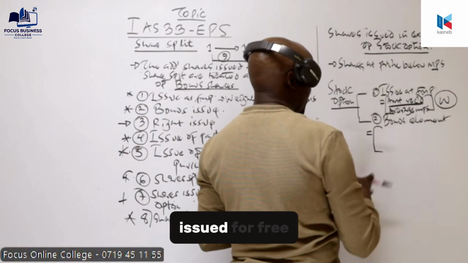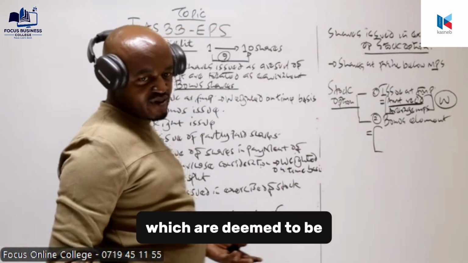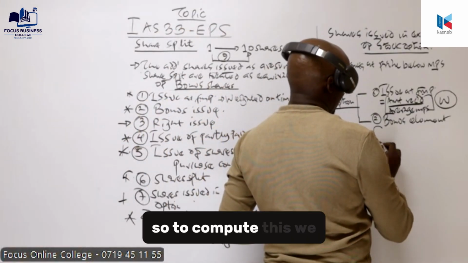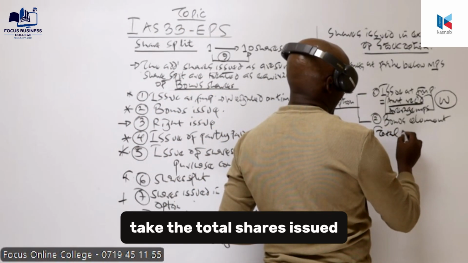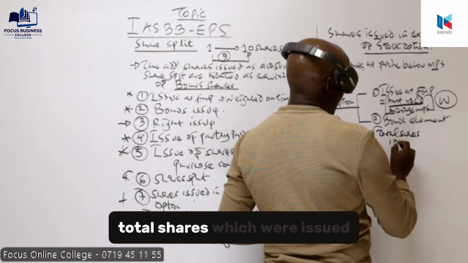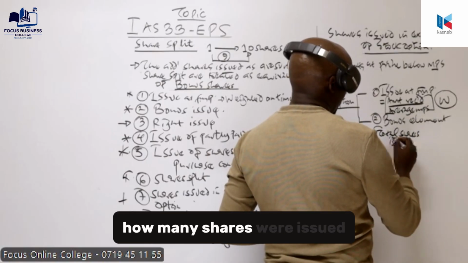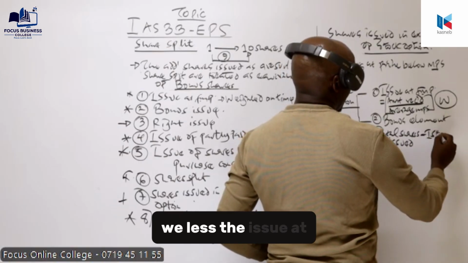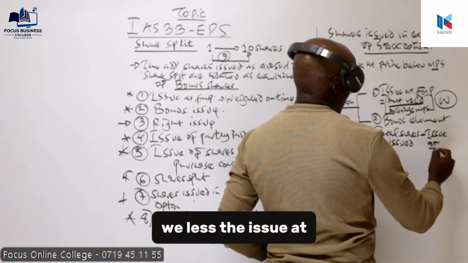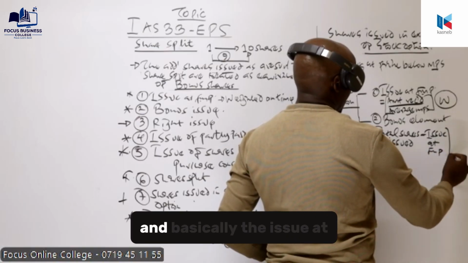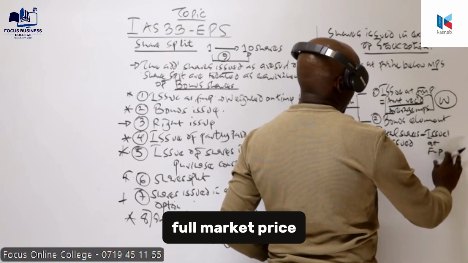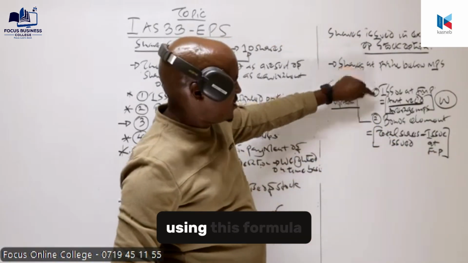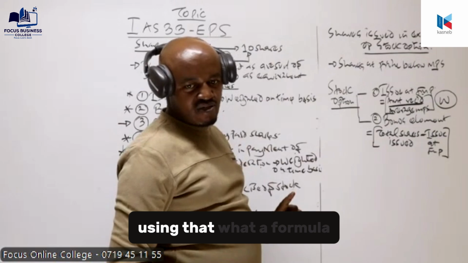Bonus element are the shares issued for free, which are deemed to be issued free of charge. How do we compute this one? To compute this, we take the total shares which were issued to the employees, and then from this we less the issue at full market price. The issue at full market price is what you have computed up here using that formula.